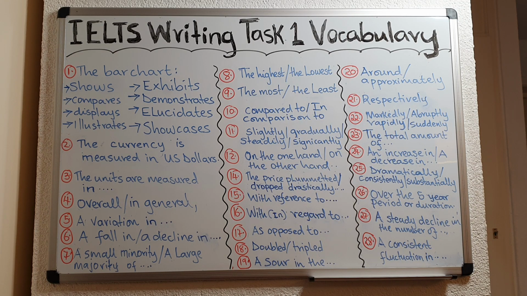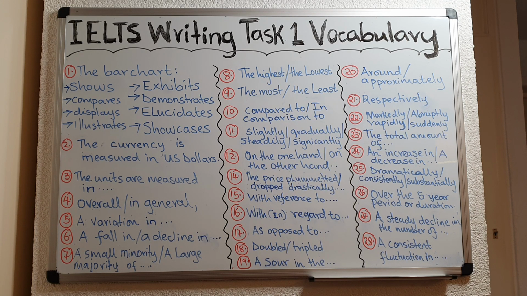Then you can say that the student population has consistently increased between the years 2019 and 2020. The student population has increased consistently between the years 2019 and 2020. So consistently means it has increased steadily. It has kept going up and up.